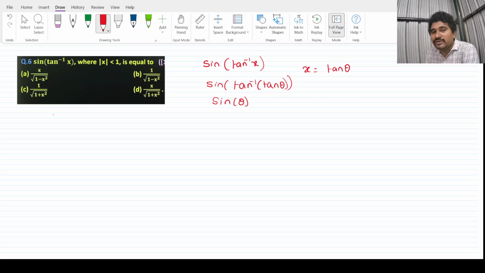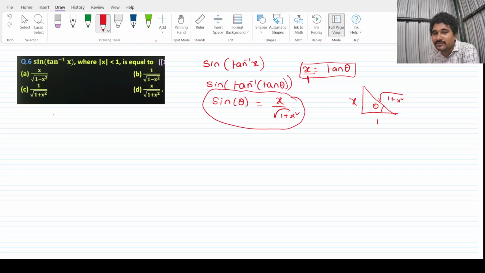Tan theta is x. Then what is sine theta? Let me draw the triangle. This is theta. Opposite side by adjacent side is x by 1, so the hypotenuse is root of 1 plus x square. Sin theta will be opposite by hypotenuse, x by root of 1 plus x square. Which is the correct answer?